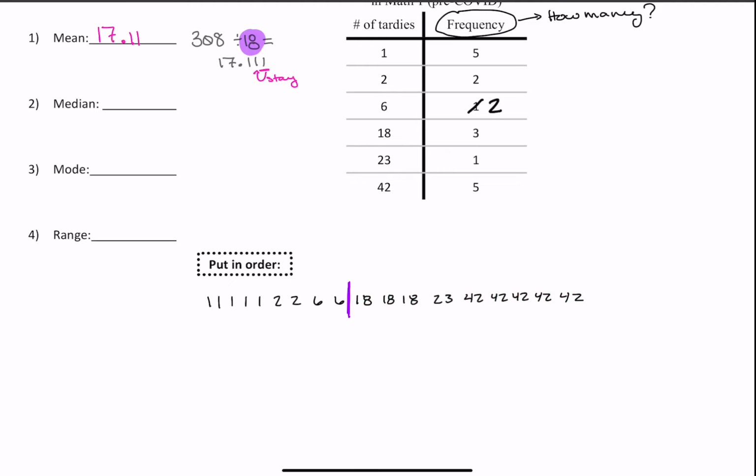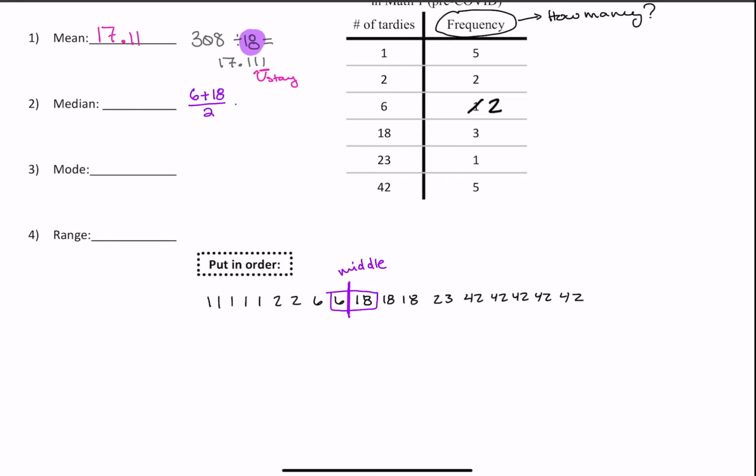Now, because we have an even number, that means I'm going to take these two, 6 and 18, and I'm going to find the average, or I'm going to find the mean of these. So what I'm going to do is I'm going to do 6 plus 18 and then divide it by 2.